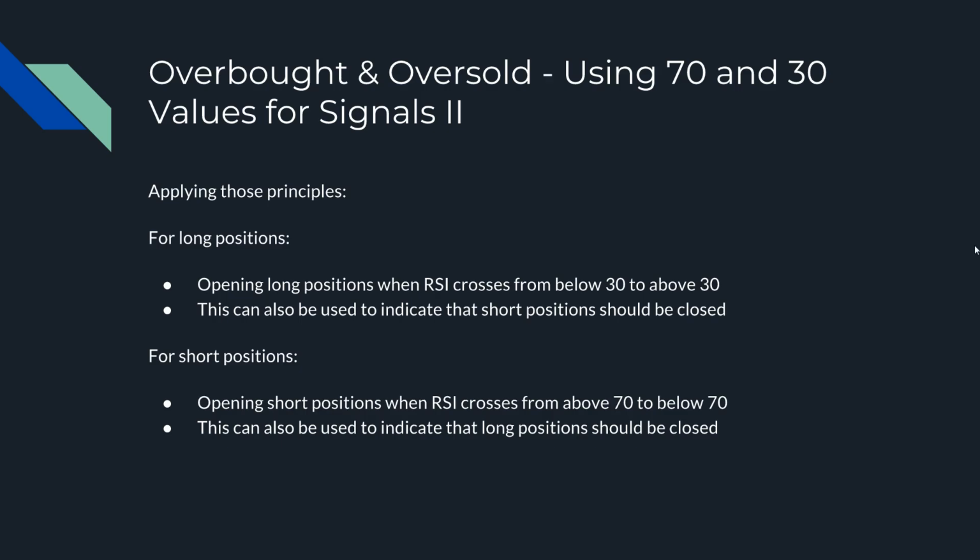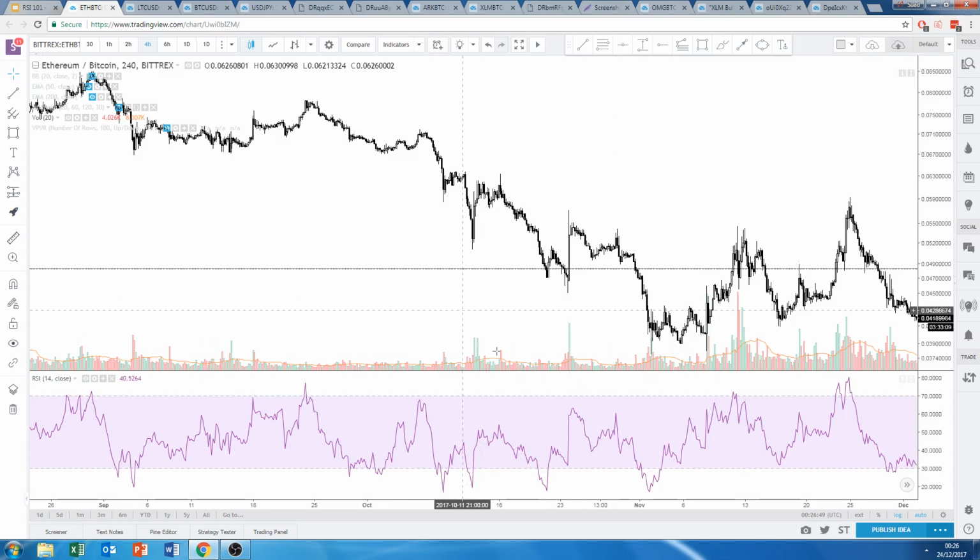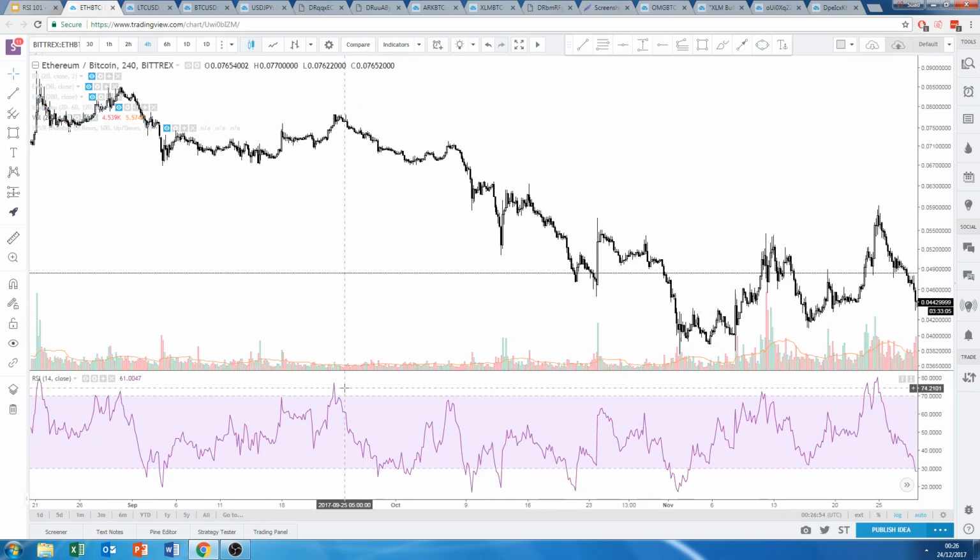Okay, so let's look at some examples. Using just the 70 and 30 levels, this is an Ethereum Bitcoin 4-hour chart. When you open up RSI, you'll see these dotted lines right here. These are the 70 and 30 levels. Let's just look at how they behave. Here's one example.